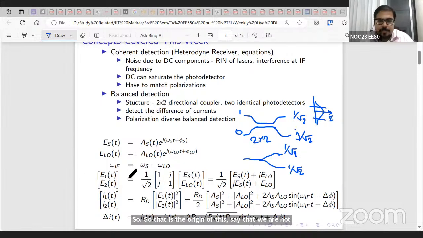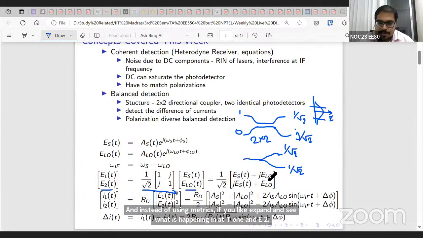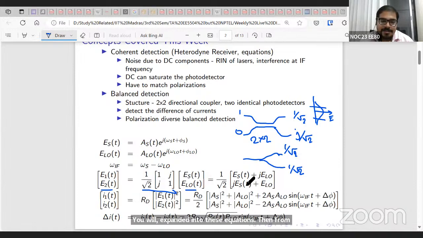Then what 2x2 couplers do is described by this matrix. If the inputs are these, the output you can get using this matrix. And instead of using the matrix, if we expand and see what is happening at E1 and E2, you expand it into these equations. Then from these equations, how do we get the currents?